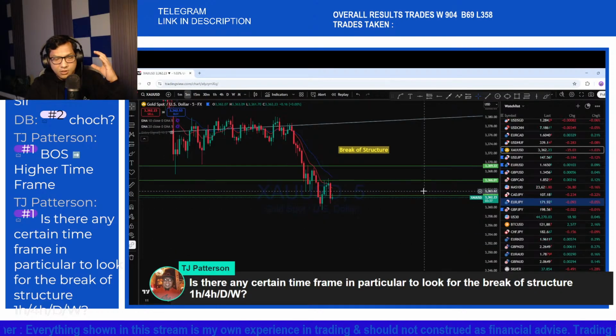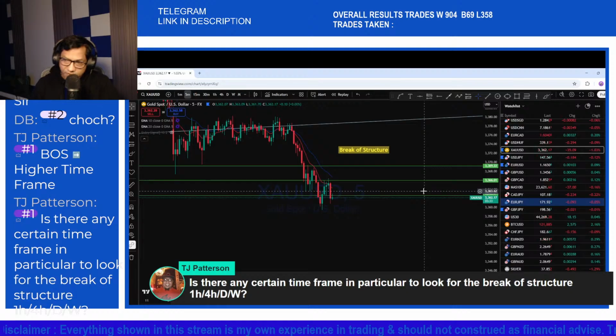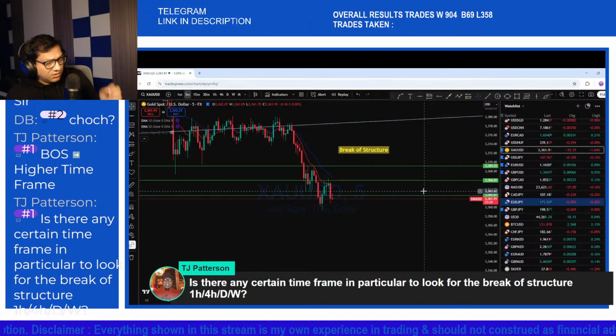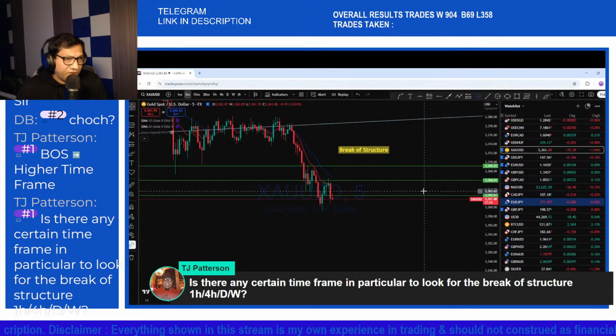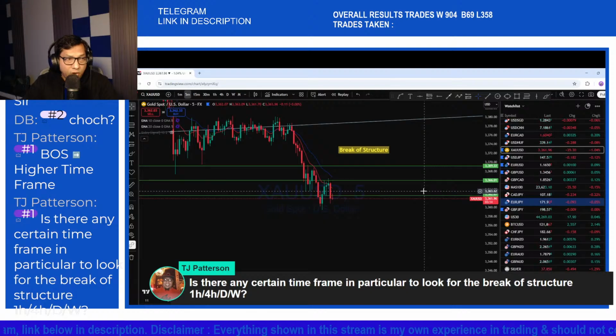And now, why do you need to relate the higher time frame with the lower time frame? That's the question. The reason is, in the higher time frame, you're going to look for support and resistance and the trend. Are you getting my point?